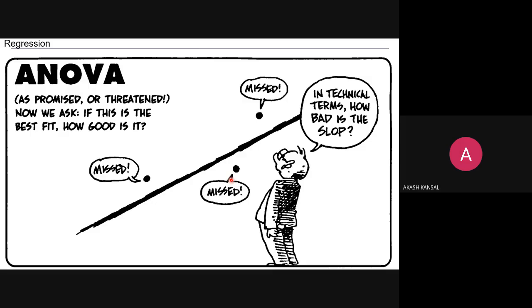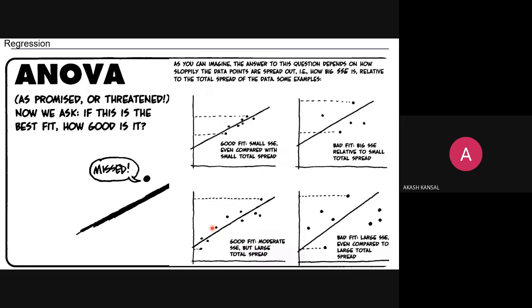Now we introduce another term called ANOVA, analysis of variance. We have one question: if it's a good fit, how good is it? We want to answer this question because all the points that we see are missed. We want to know how bad it is at missing the values, or how good the fit is.